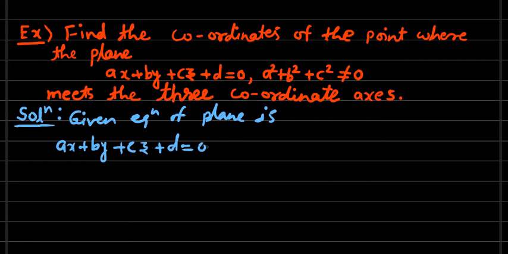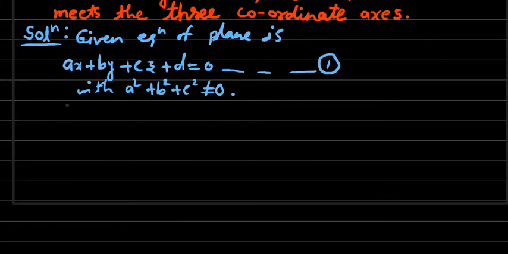This is the equation of the given plane, where obviously a square plus b square plus c square is not equal to 0. Next, we have to find the points of intersection of this plane given by equation 1 with the coordinate axes, means with the x-axis, y-axis and z-axis.